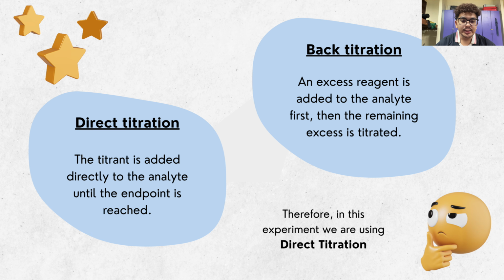Direct titration is when the titrant is added directly to the analyte until the endpoint is reached, while in back titration an excess reagent is added to the analyte first, then the remaining excess is titrated. In this presentation, we are using direct titration.